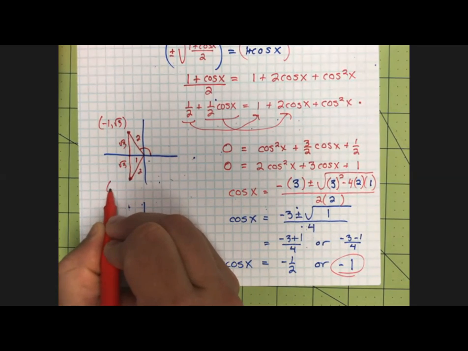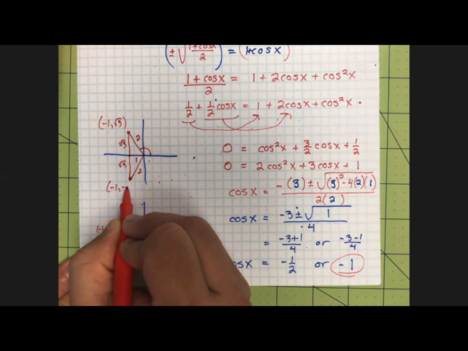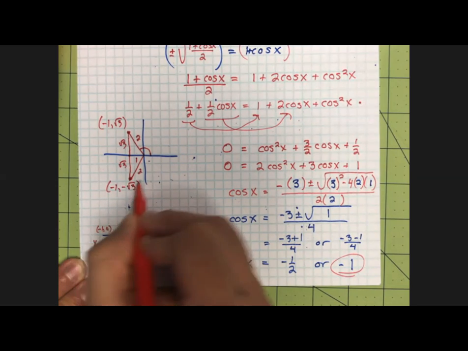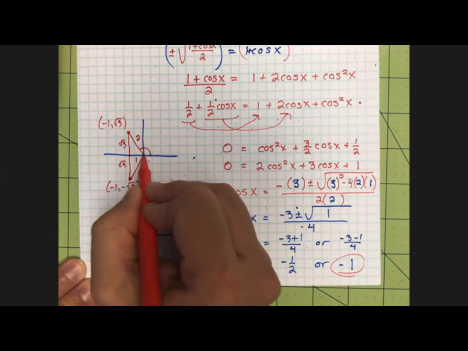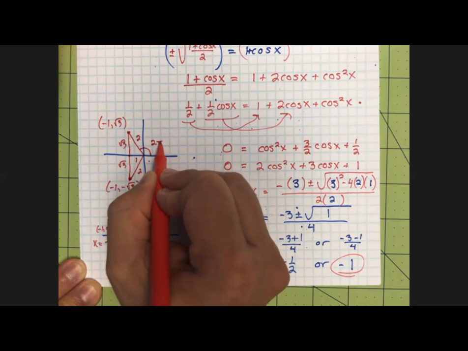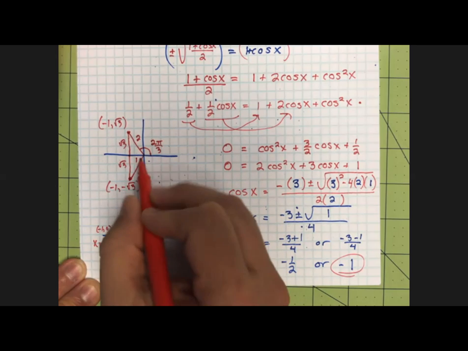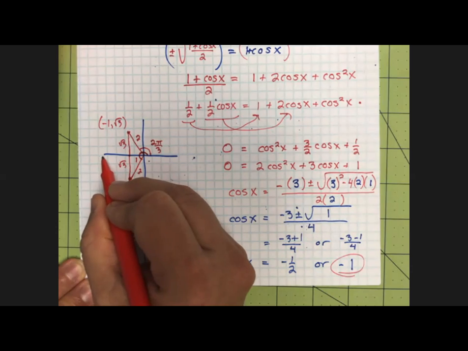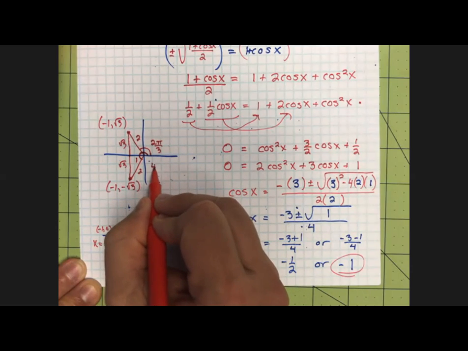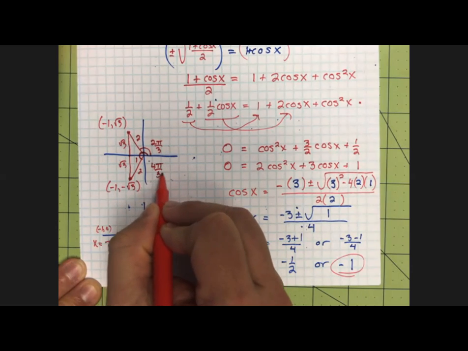Practice totally labeling your picture like this, as he does in the book. This is 2/3 pi. This is 1/3 pi past the full pi. That's 1 1/3 pi. That's 4/3 pi.